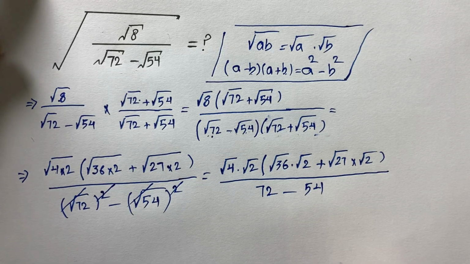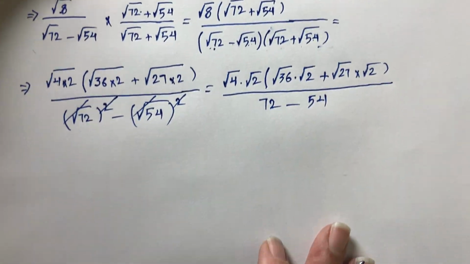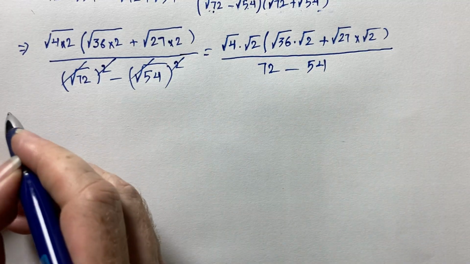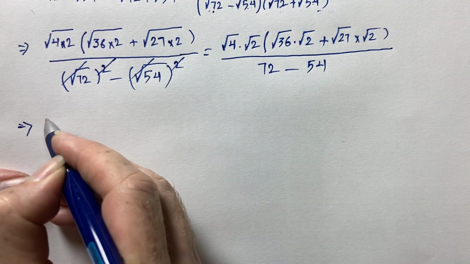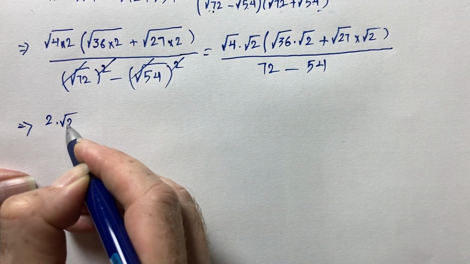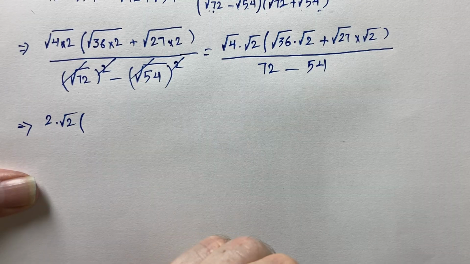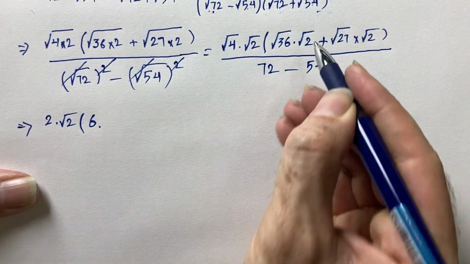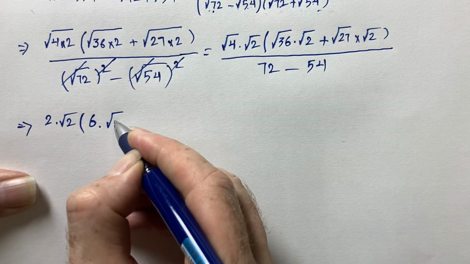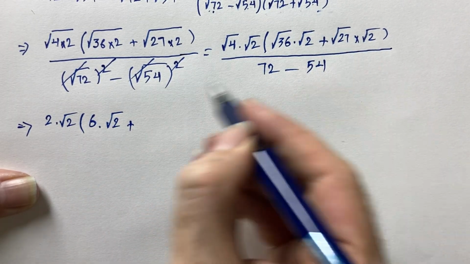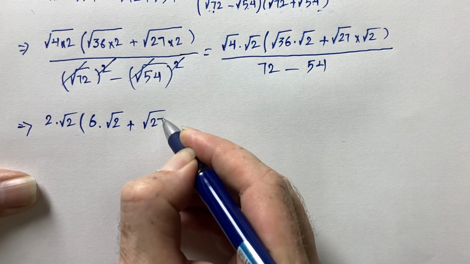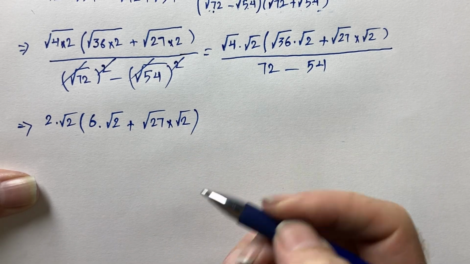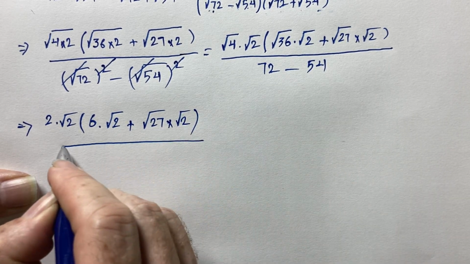Let's continue the solution. Square root of 4, all you know, is 2, times square root of 2. Next, square root of 36 is 6, times square root of 2, plus square root of 27 times square root of 2. Until here, good job.